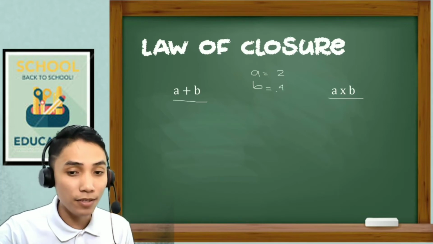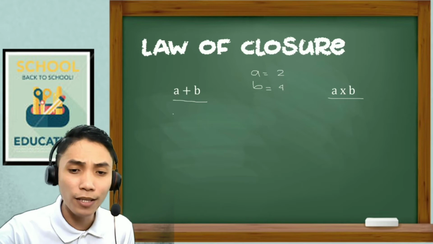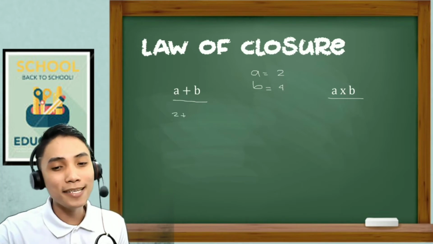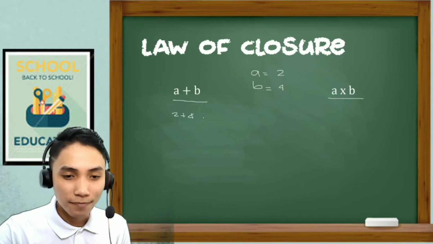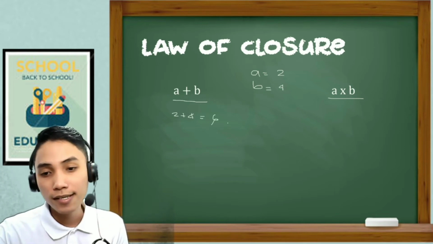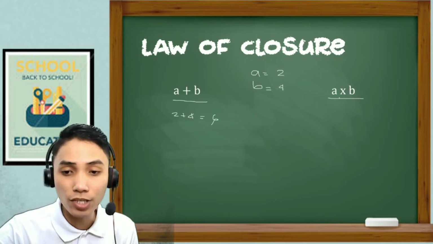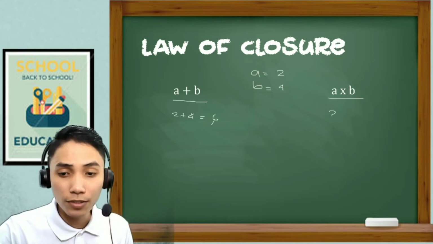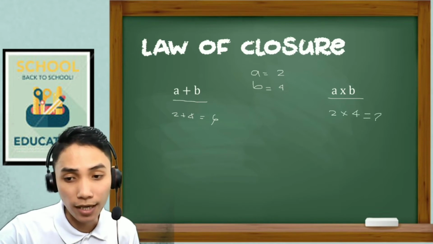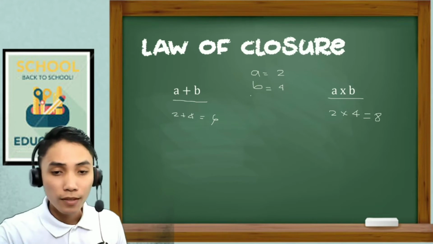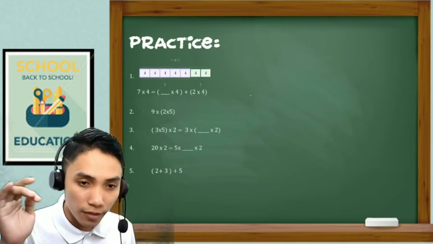So let's substitute. We have here 2 plus 4 is equal to 6. We have here also for multiplication, 2 times 4 is equal to 8.